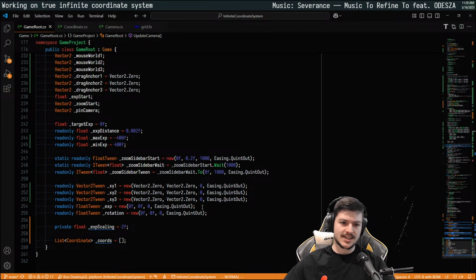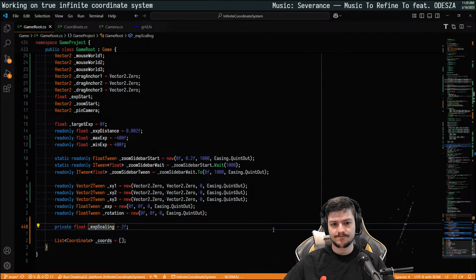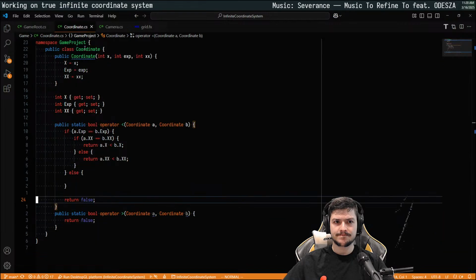There is this concept of exponent scaling. That's like a constant.